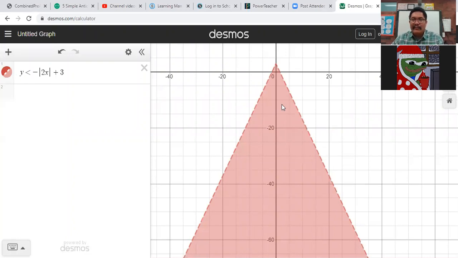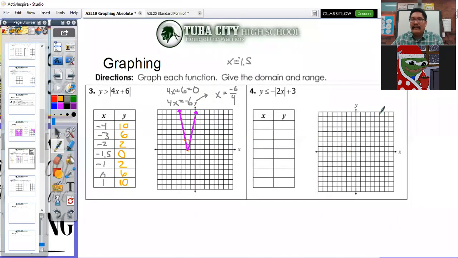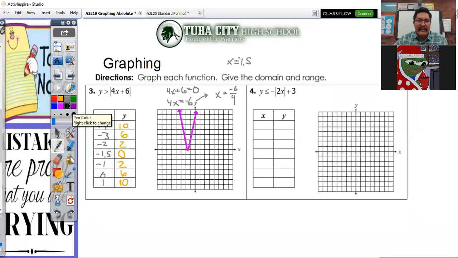So you won't be able to use this to do your homework because you still need to fill in the table. But you can check your work with this. If your graph is way off, you can easily tell. Well, I learned something today. I think I might have tried that before, but now I know for sure that you can graph these using Desmos. But so far in this course, I haven't really found many things that Desmos cannot do.